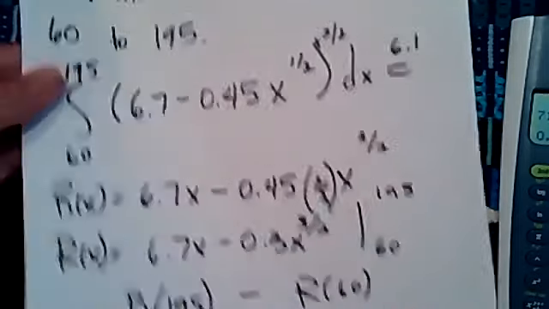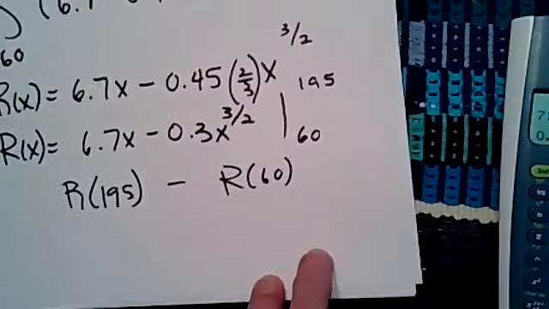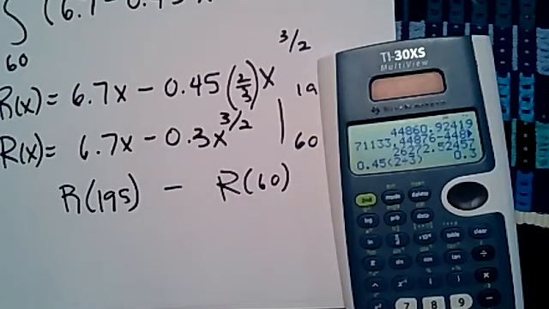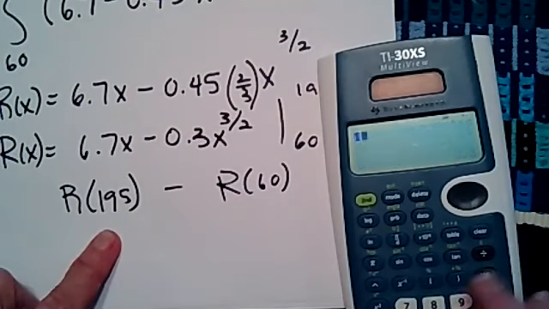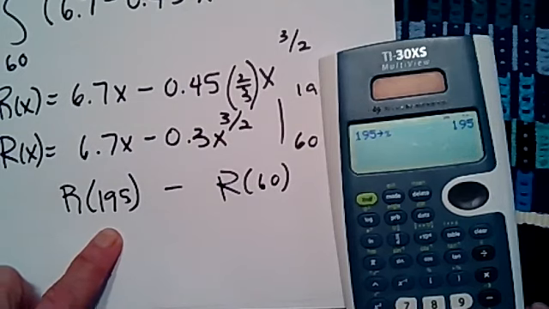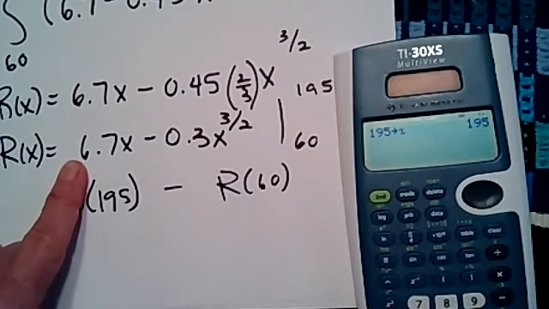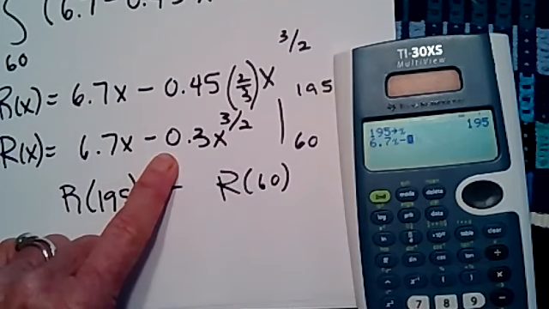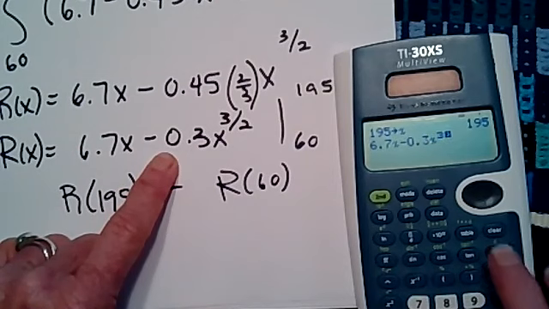Okay, so let's get our calculator. So it's 195, store for X and enter. Okay, and then we plug it into my antiderivative. 6.7x minus 0.3x to the 3 divided by 2. Enter.